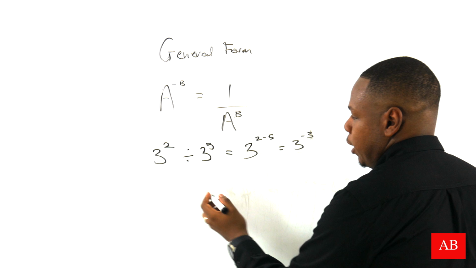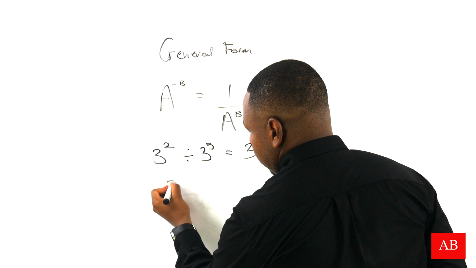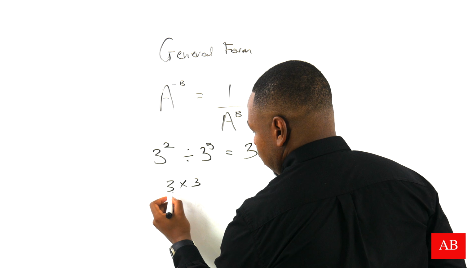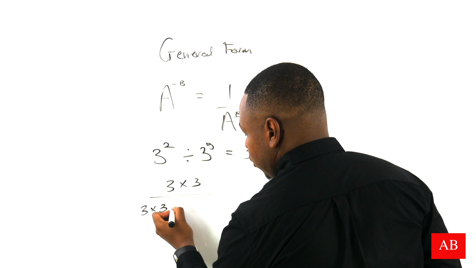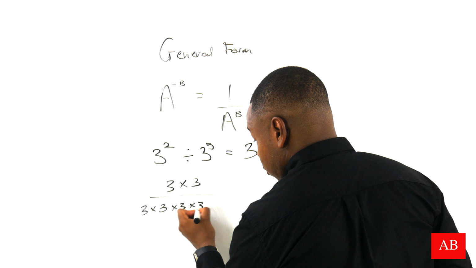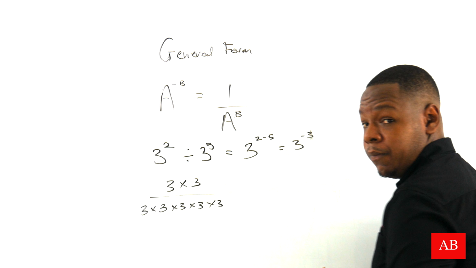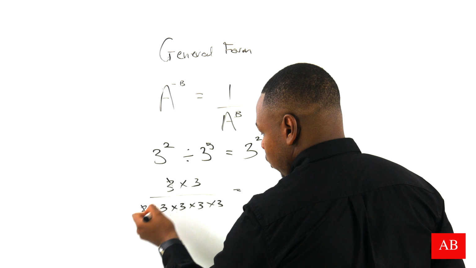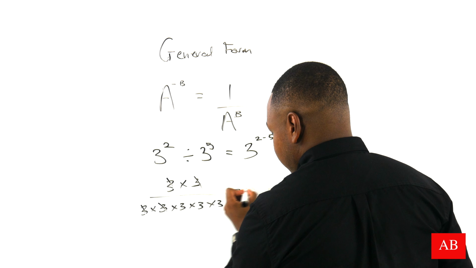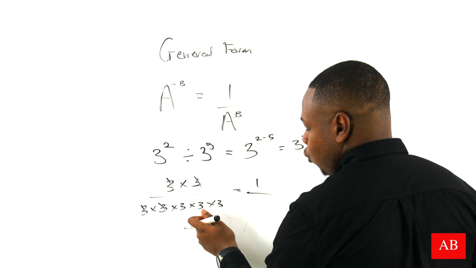Now let's look at this part. 3 squared, 3 times 3, divided by 3 to the 5th, 3 times 3 times 3 times 3 times 3. What is that equal to? So that will cancel. That will cancel. We have 1 at the top, and we have 1, 2, 3.